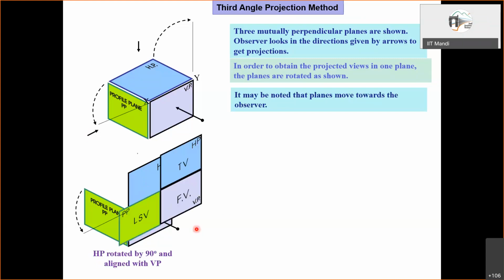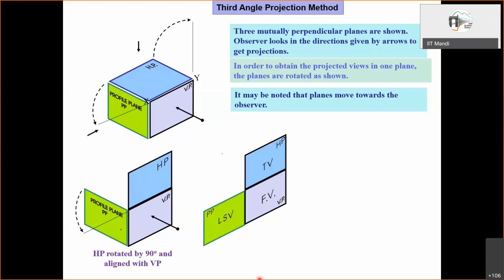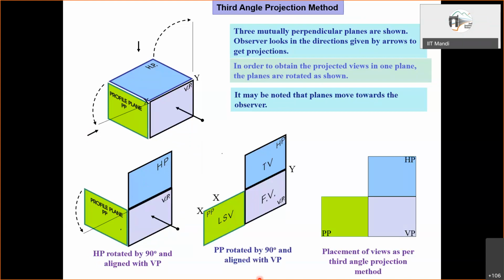And then that also comes in the same plane. So this is the arrangement for the front view, top view and the left side view. So this arrangement is as per the third angle projection.